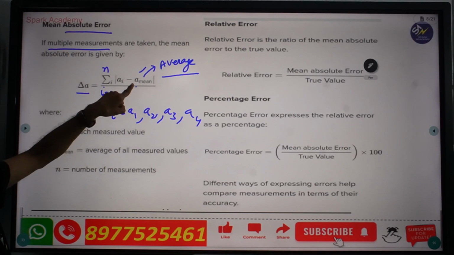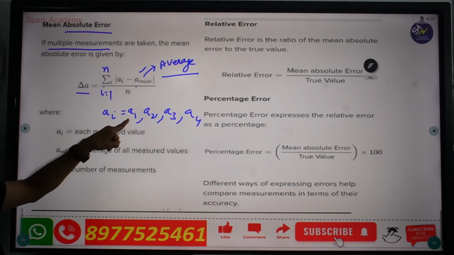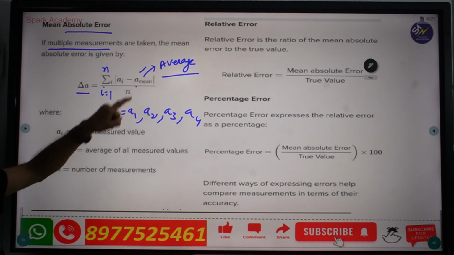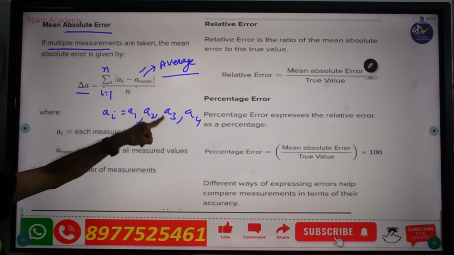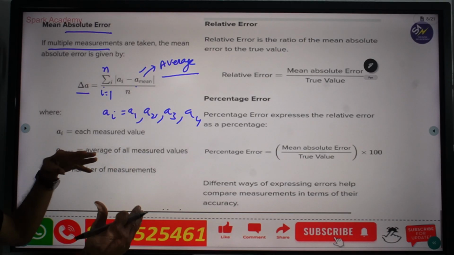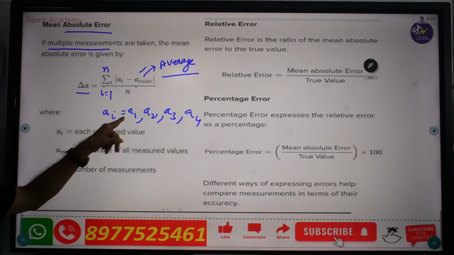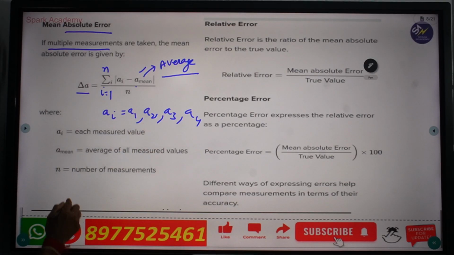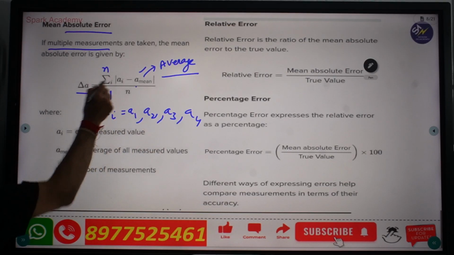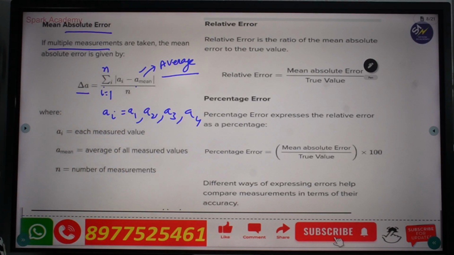From that average you subtract each value: mean value minus A1, mean value minus A2, mean value minus A3, mean value minus A4. Then you add them, and divide by 4. N is equal to 4 because only 4 values are there, no? Here A i is each measured value, A mean is the average value, and N is the number of measurements.